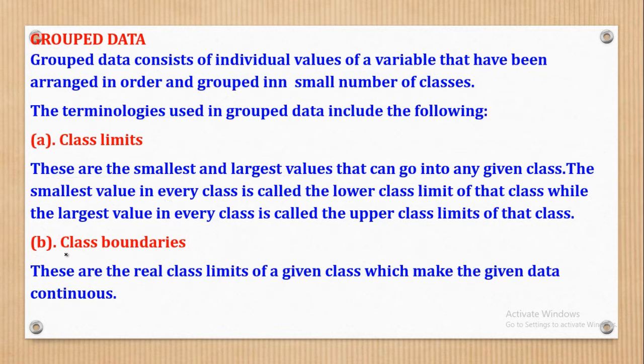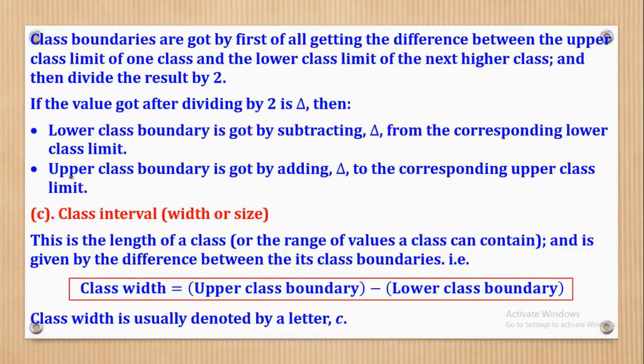Another term is called class boundaries. These are the real class limits of a given class which make the given data continuous. Continuous means where one stops is where the other starts from. We shall see it when we are doing worked examples. Class boundaries are got by first getting the difference between the upper class limit of one class and the lower class limit of the next higher class, and then dividing the result by 2.